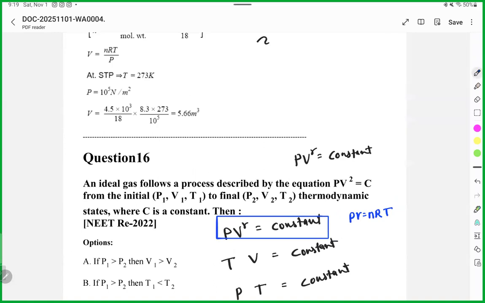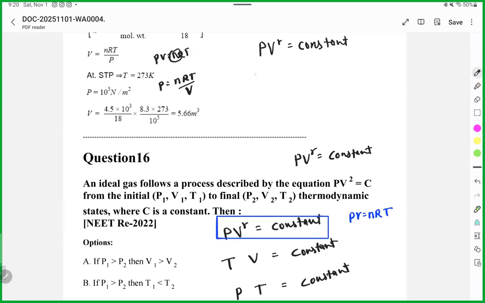See, if PV^gamma is equal to constant, then let's take PV is equal to nRT. Okay, n, R, these two values are constant. Can you say P will be equal to nRT by V?